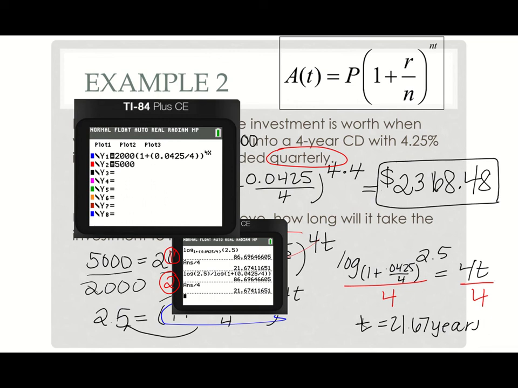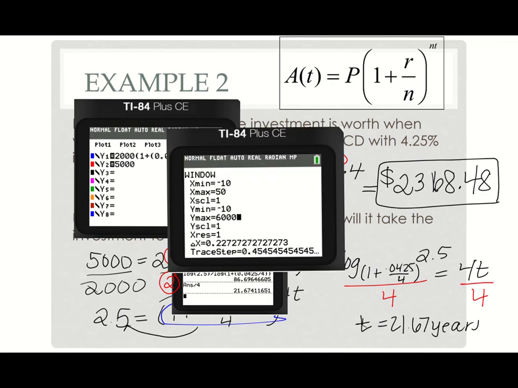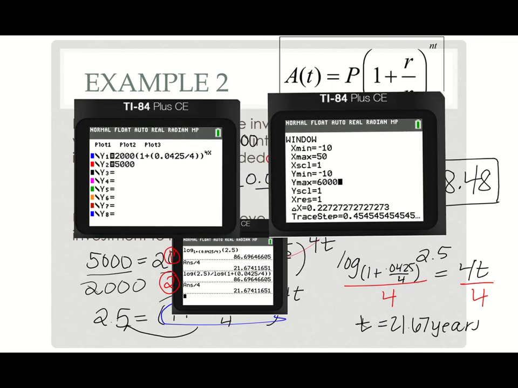I adjusted my x max to 50 and my y max to 6,000. Could you have something different? Yes, but I know hopefully with these values that I should be able to see my graph. The farther you go out, the more you're going to see.